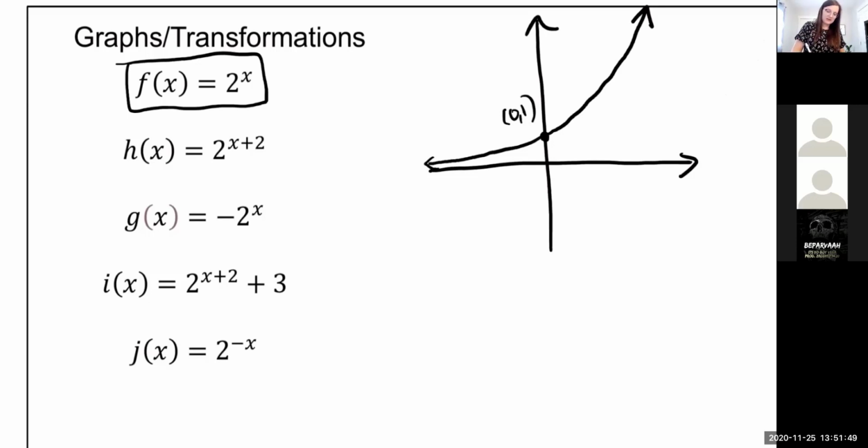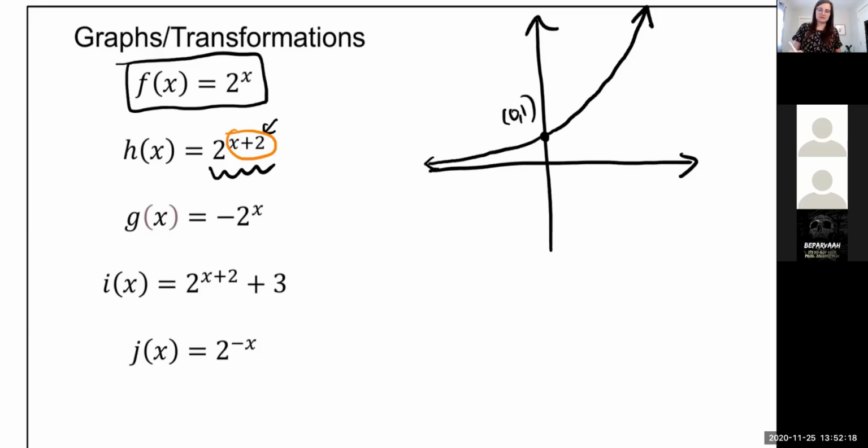But if you then do something to the x, just like we did before, those transformations are going to work the same. So let's do that one in orange. If you have the x plus 2, remember, if it's in the x, it's going to act oppositely, because it's like, what makes this 0? What would have compensated this to be back to the regular inputs that I had?